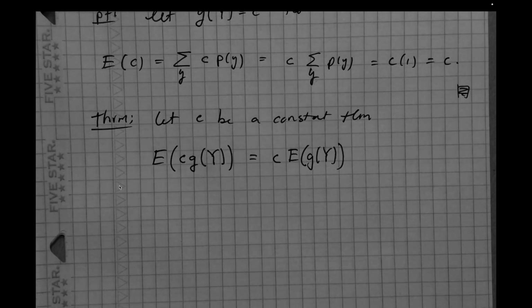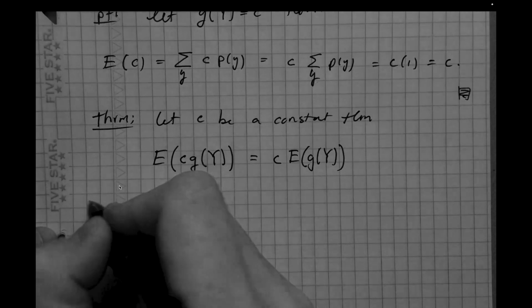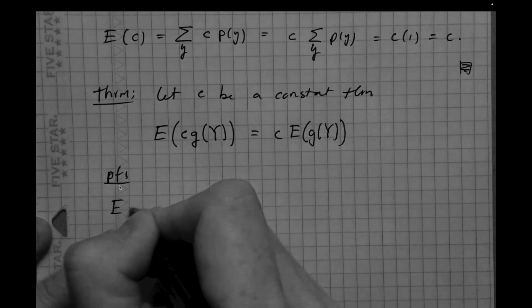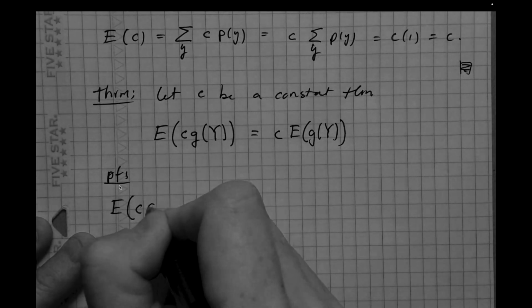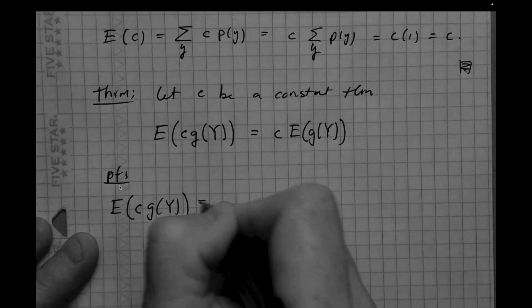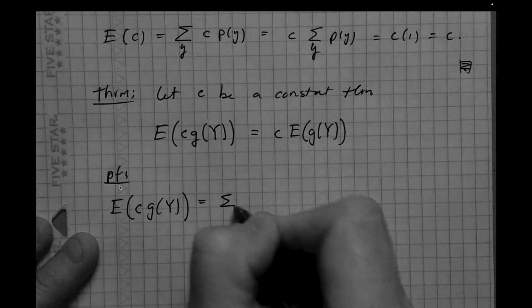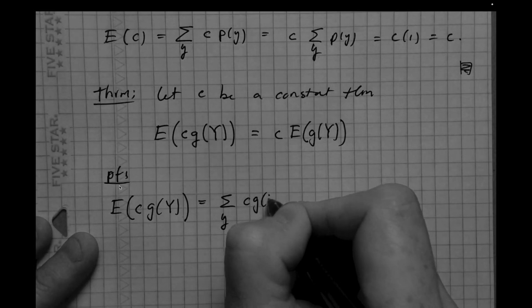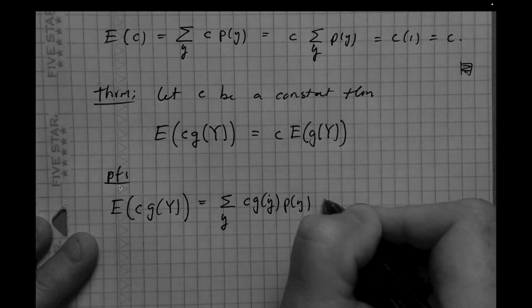And so the proof there, let's see, how would we do that? Well, we'll say the expected value of c times g of y is equal to, let's do the summation here, the sum of c times g of y times p of y.